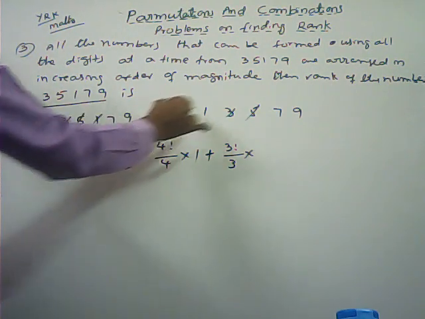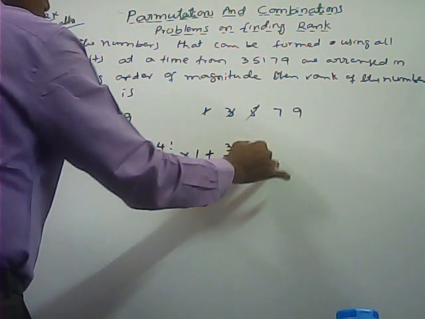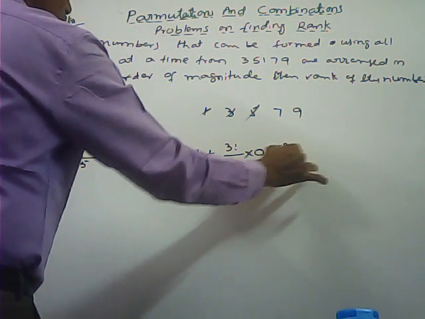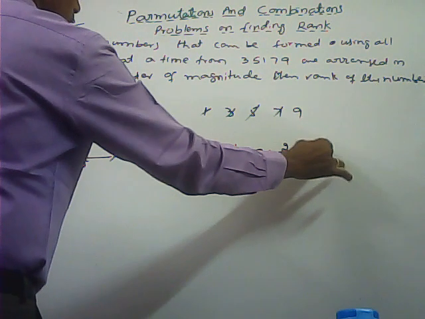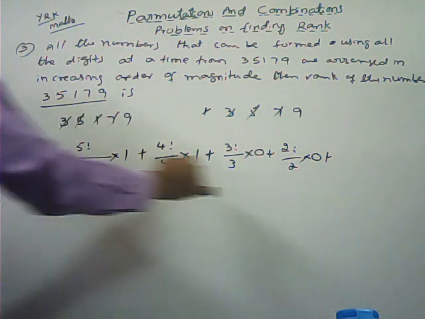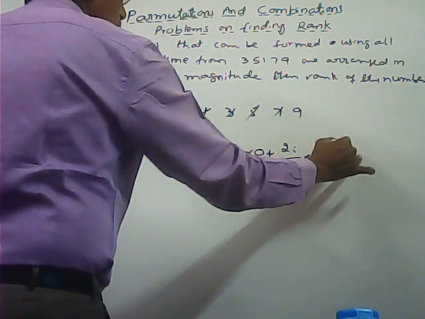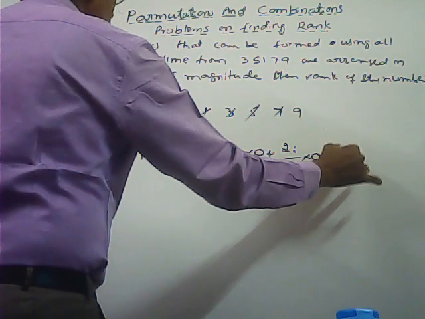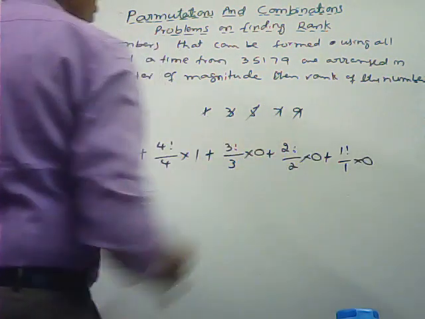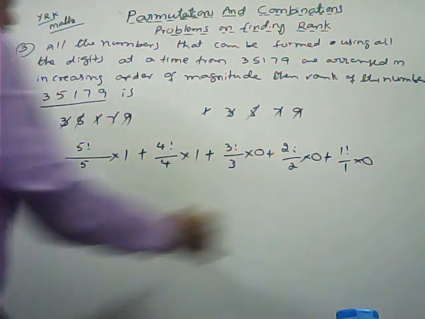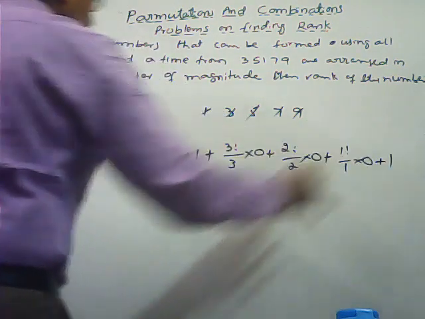Here if I cancel 1, before 1, 0 digits, plus 2 factorial by 2, into, if I cancel 7, before 7, 0 are there. Now 1 factorial by 1, into, if I cancel 9, before 9, 0 digits are there. After that, after completion of total, we can add 1.